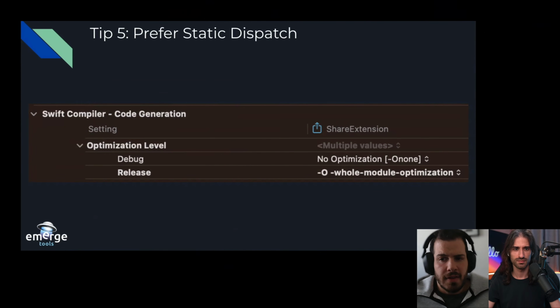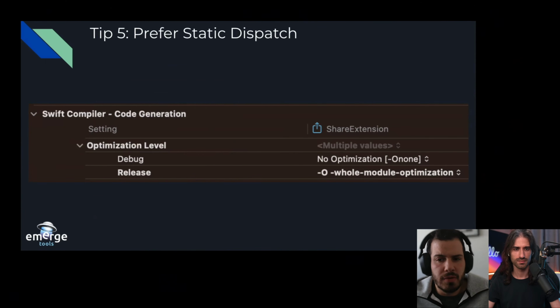And the third option is enabling whole module optimization, because when you enable it, the compiler builds a single module instead of many separate modules. This allows the compiler to perform additional optimizations, including automatically applying the final attribute to all the methods without overrides for classes that have only internal access.